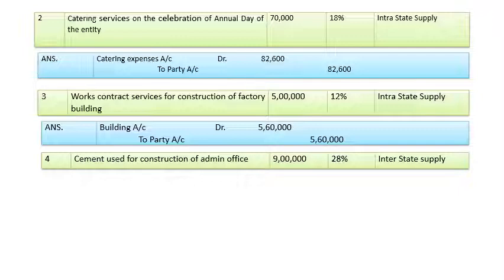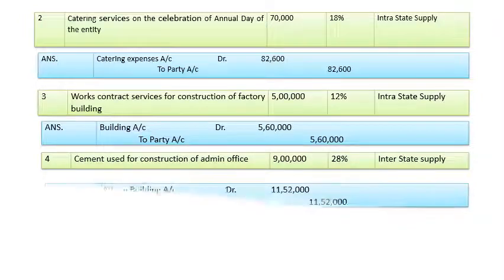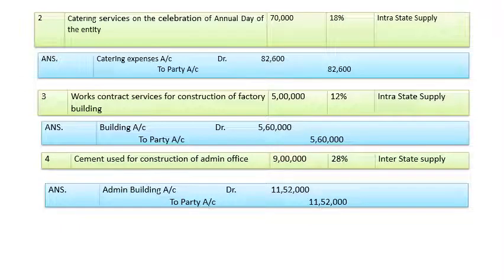So in this case also it is blocked under section 17 subsection 5. So the entry will be admin building account debit 11,52,000, 9 lakh plus 2,52,000, to party account 11,52,000, as it is added into the cost price of the admin building.